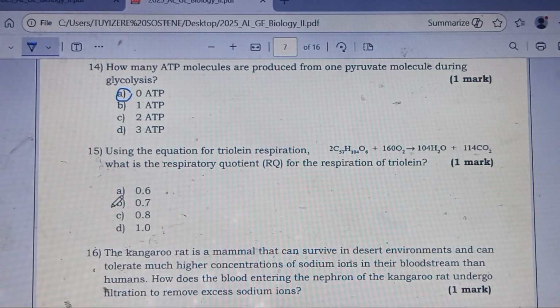The correct answer is B. Yes, you take the volume coefficient of carbon dioxide divided by the volume of oxygen. Then you get 0.7.